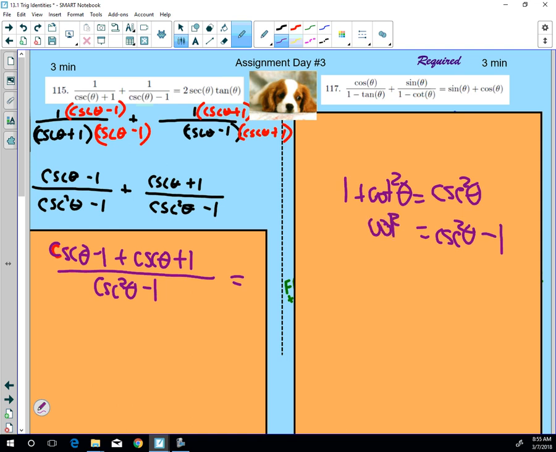There you go. So I'm going to make this equal to cotangent squared, and these will cancel out, and I'll get 2 cosecant theta. I'm going to let you finish this. You're going to use your change to sines and cosines. You'll get that. You'll be fine. But I'll let you finish that.